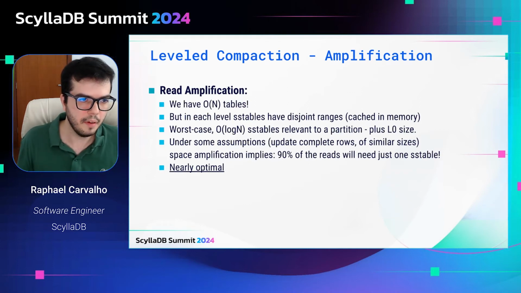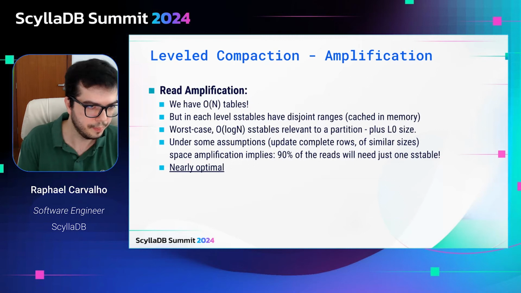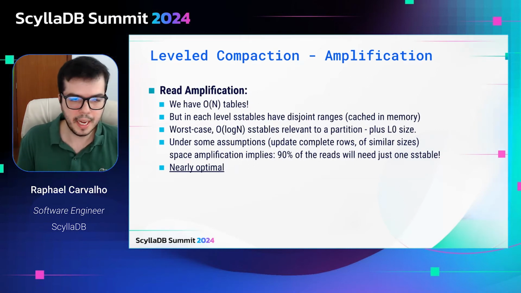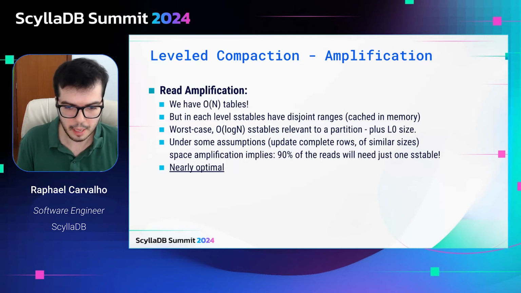The read amplification is great. That's because you're going to have a single SS table at each level that contains the key you want to read. And the worst case is if the leveled compaction cannot keep up with the write rate. So it's not very suitable if the table has a very high write rate.